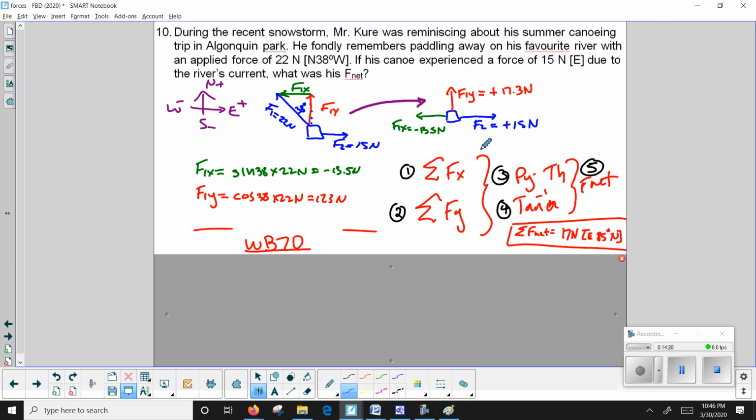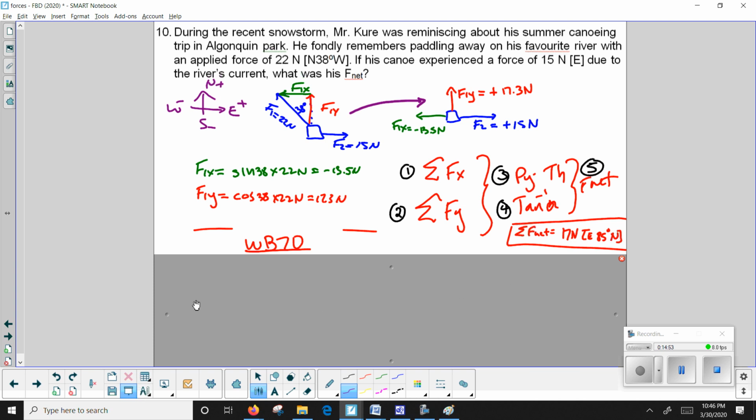It makes life a lot easier, so you can much easier see what's happening in the x and the y. So I'm going to be finding the totals in the x and y. Then I'll do the Pythagorean theorem, tan inverse, and get my overall total. The answer is over here, 17 newtons, east 85 degrees north, or north 5 degrees to the east. Either answer would be acceptable.